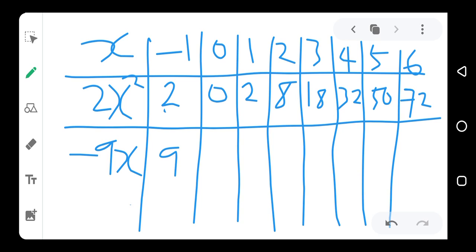After that, we have minus 9 times 0. It will give us 0. Then we have minus 9 times 1, that is going to give us minus 9.